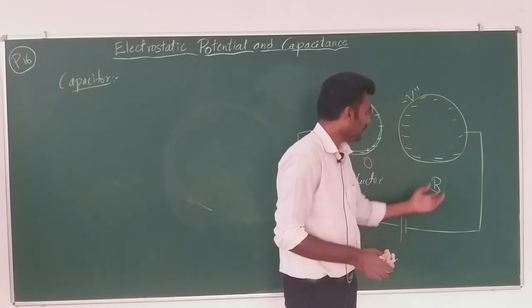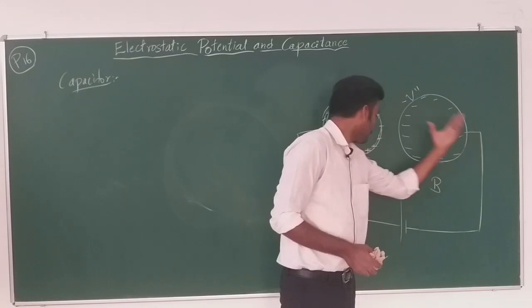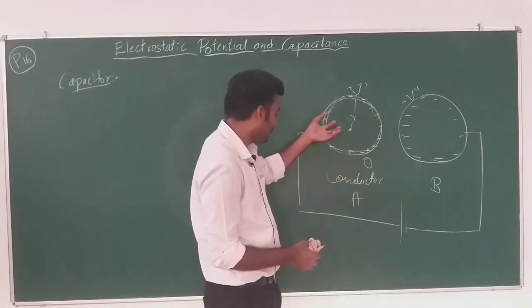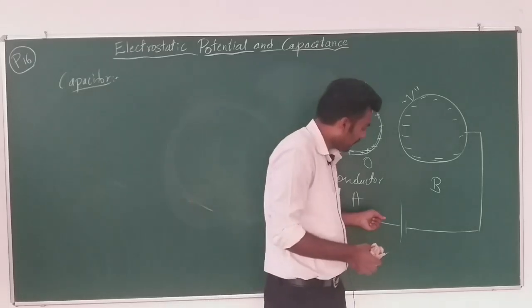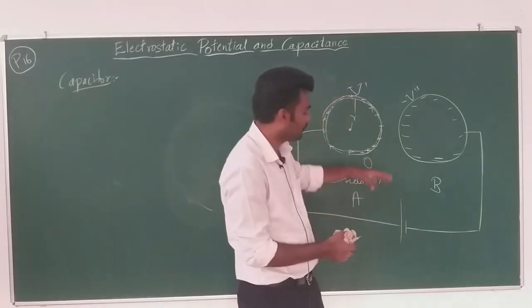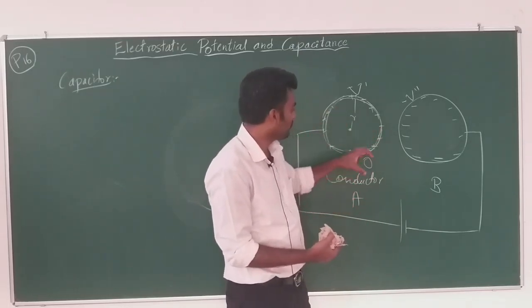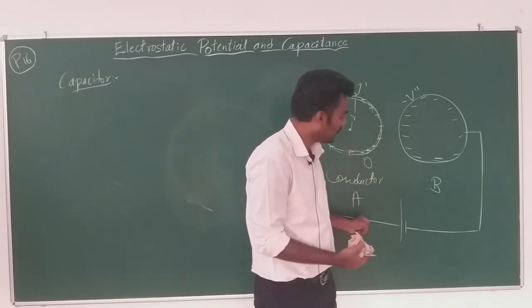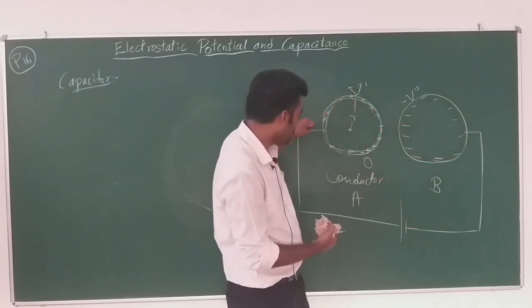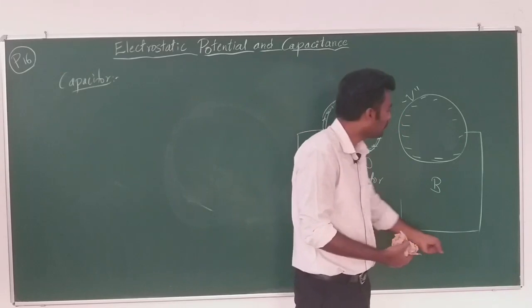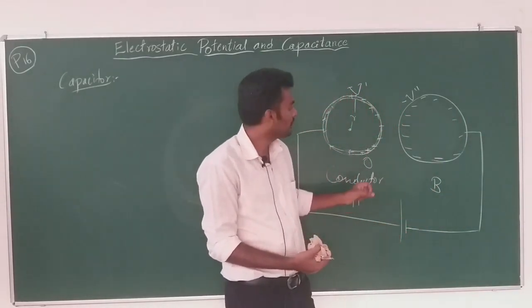When we connect that to a battery, it can grab electrons from conductor A, and this is the positive end of the battery now. The work of the battery itself is pulling all the electrons from one end and pushing them to the other end. So it's pulling the electrons from this end and pushing them to this end, right?